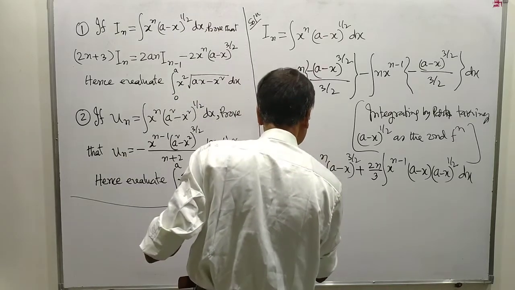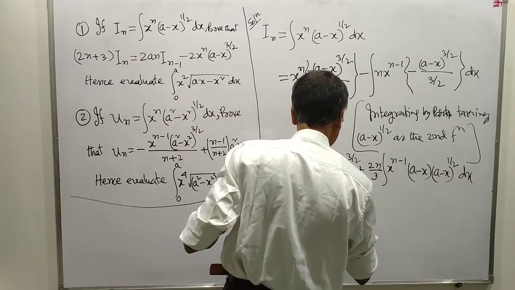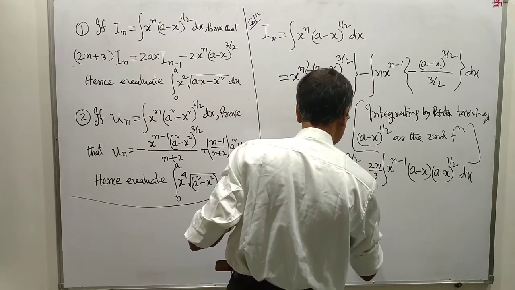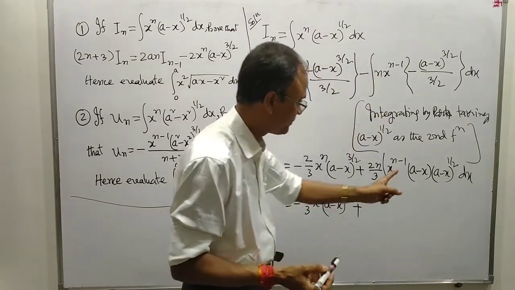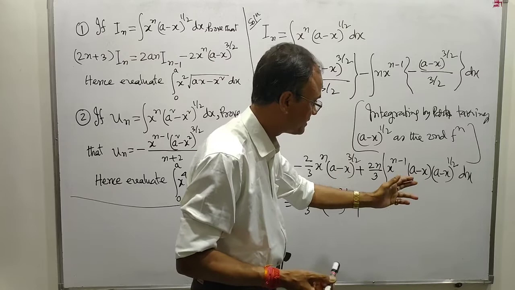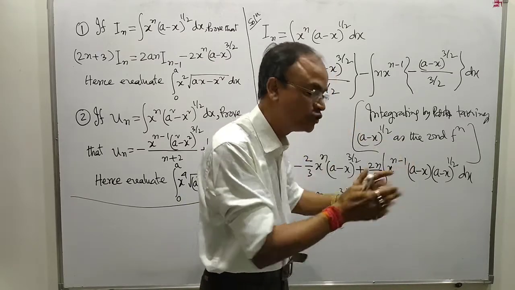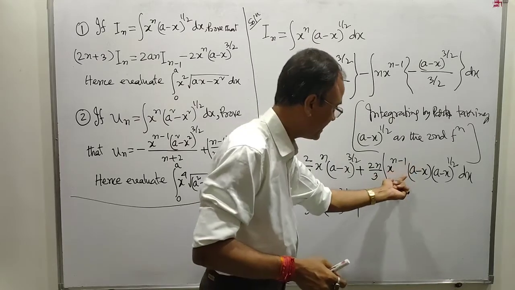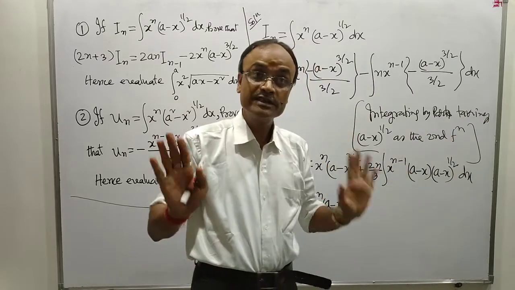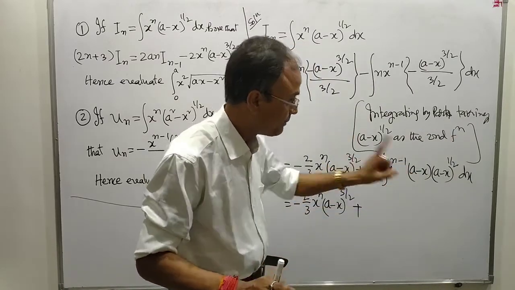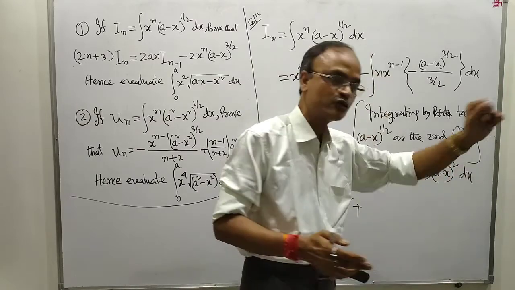which is equal to minus 2 by 3 x to the power n (a minus x) whole to the power 3 by 2 plus, you see, this can be written as the addition of two terms. X to the power n minus 1 (a minus x) whole to the power half into a, this is one term, minus the second term, x to the power n minus 1 into x (a minus x) whole to the power half.